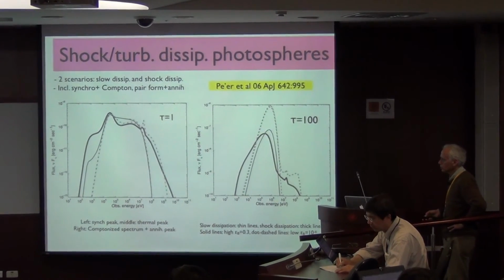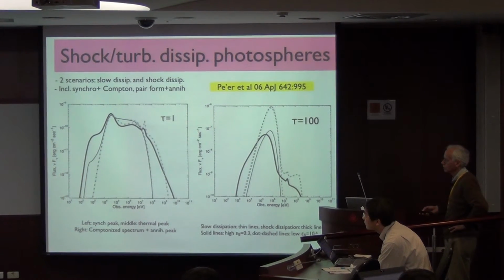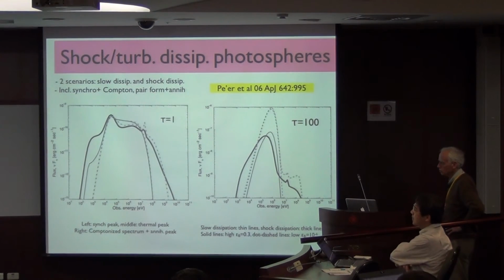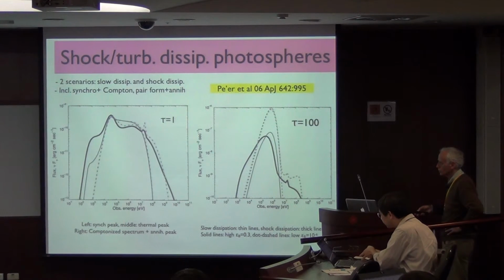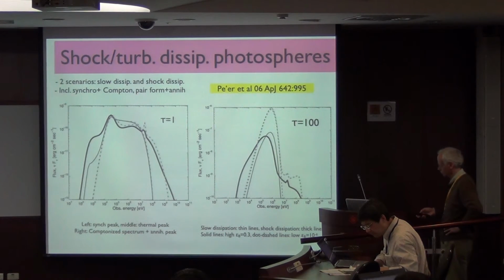Look like these. So these are Monte Carlo simulations. One of them is one where you have slow dissipation and shock dissipation, either that or that, and you include synchrotron radiation, Compton, inverse Compton scattering, pair formation and annihilation, etc. And so you get spectra which can have a steep low energy slope, and then you can have high energy slopes which don't look too different from the observed values, depending on where the dissipation occurs.